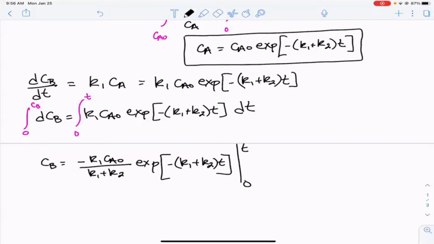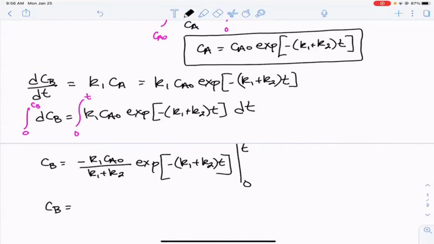And that means that CB equals, and if we just think about what this is going to be for a second. So when we evaluate to t, we're going to get this as our expression. But at this initial condition, at 0, well, the exponent of 0 is 1. So we're just going to be left with that.